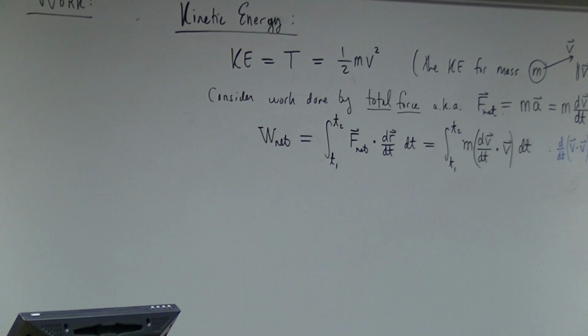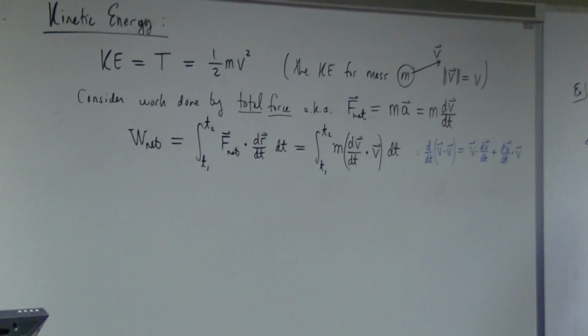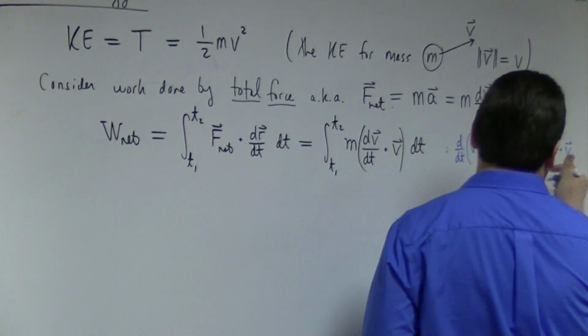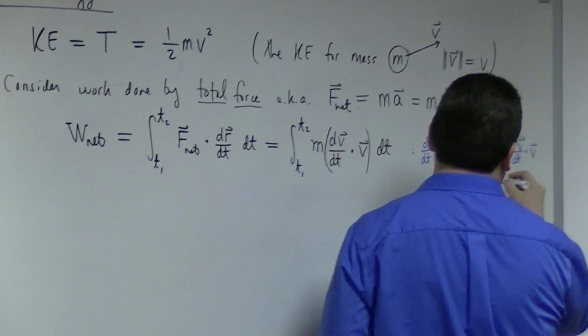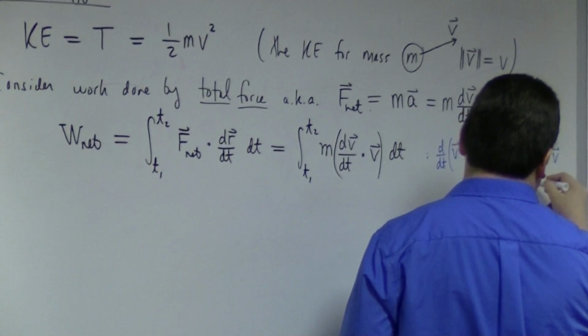In fact, this product rule is known for the dot product. It's one of my favorite properties of the dot product. The dot product is commutative, so this is really twice dv/dt dot v, right?